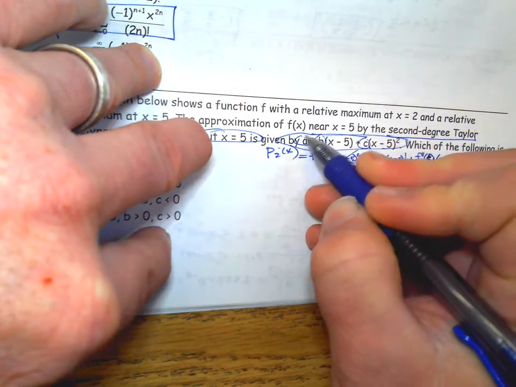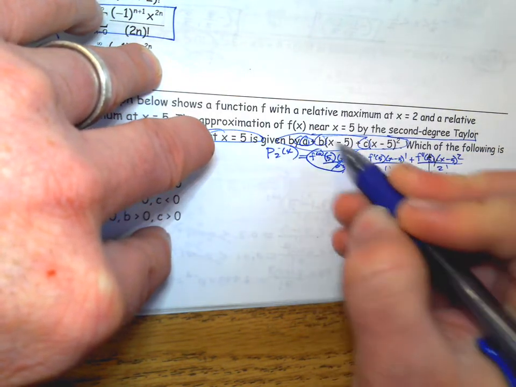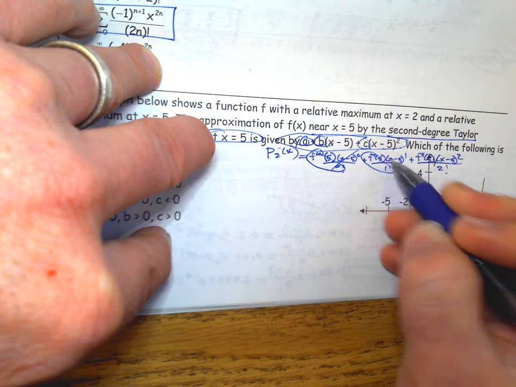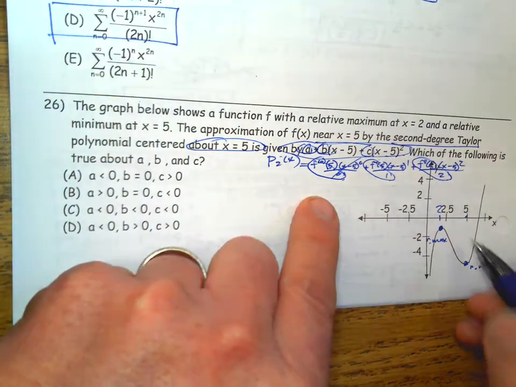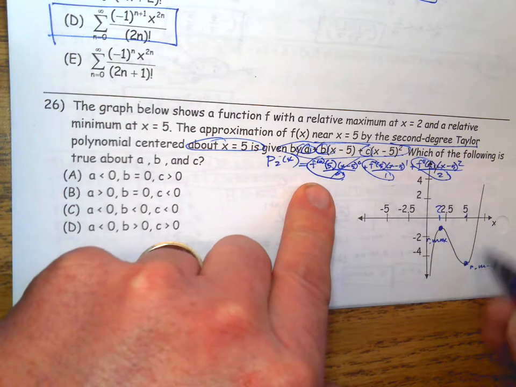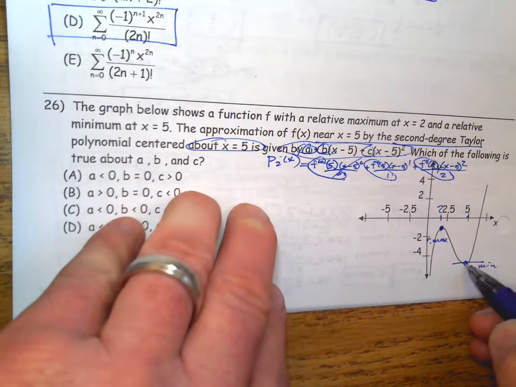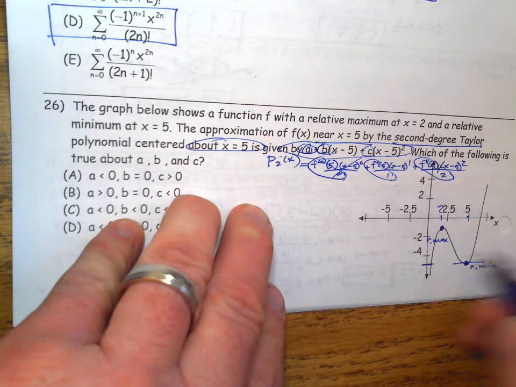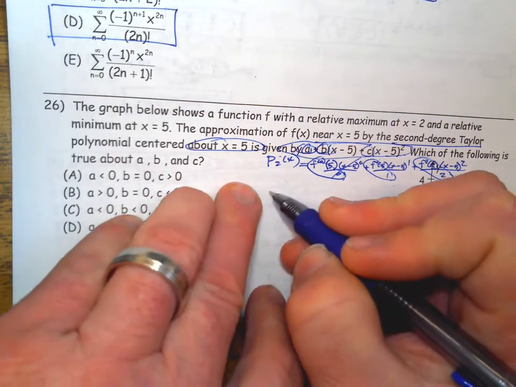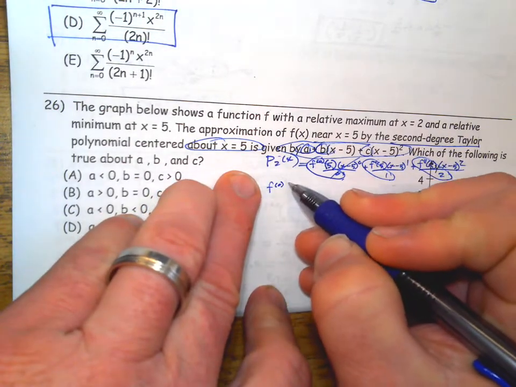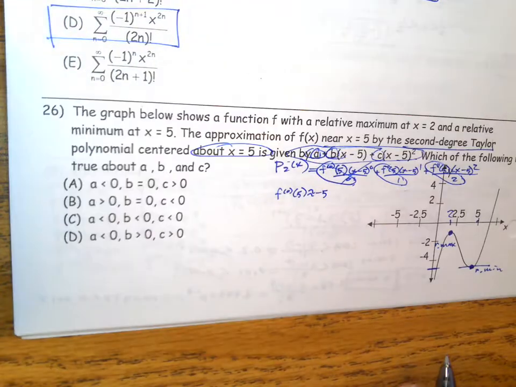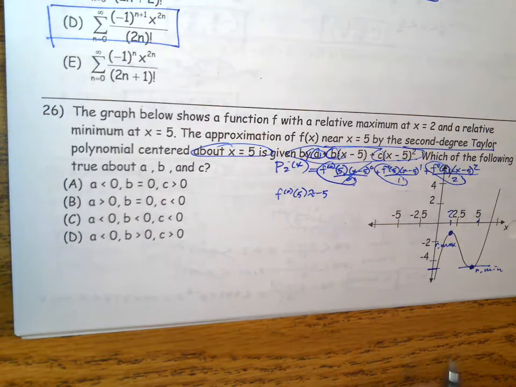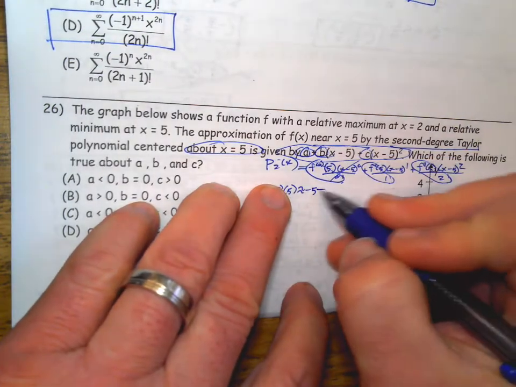So these values, A is this, B is this, C is that. Now, first off, the value at 5 is like negative 5. And that's what A is, right?